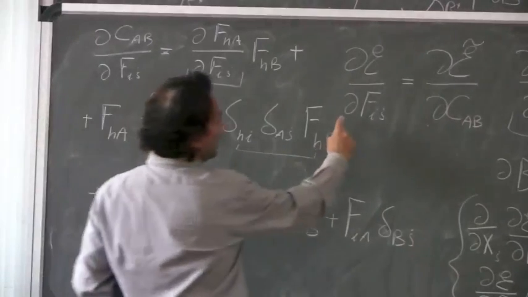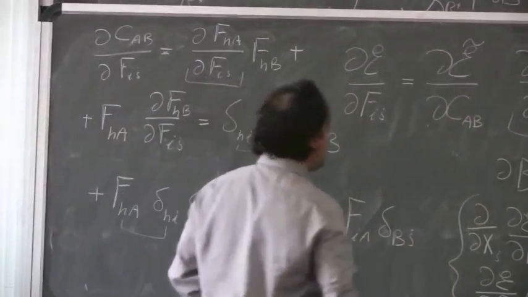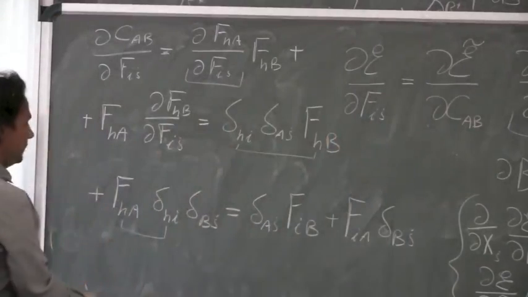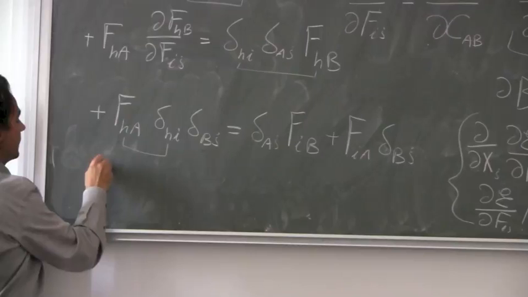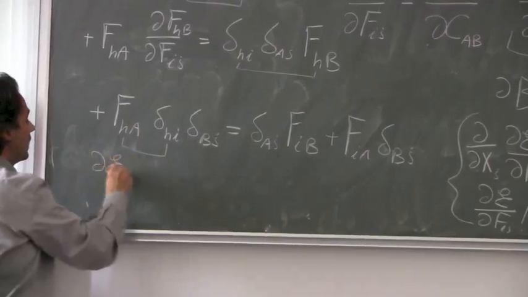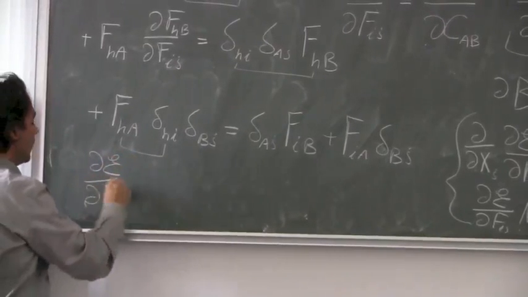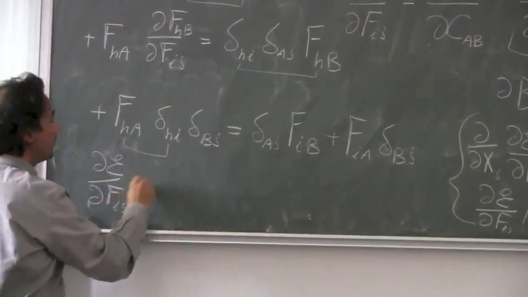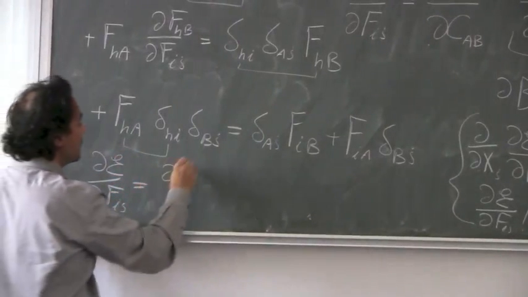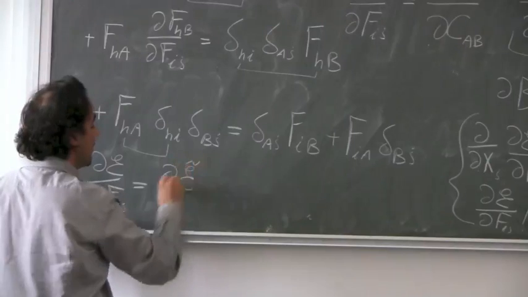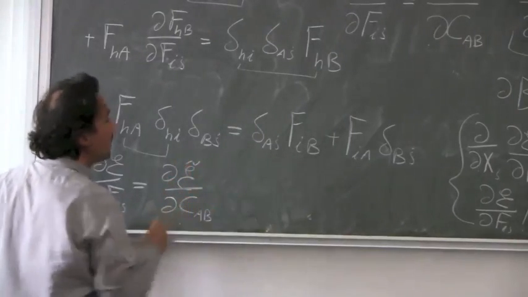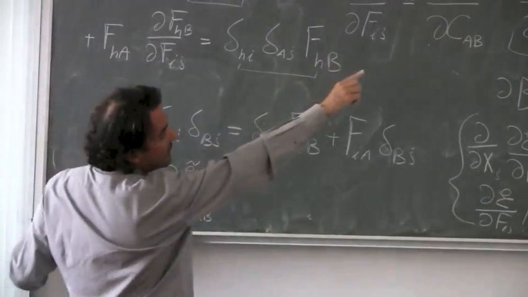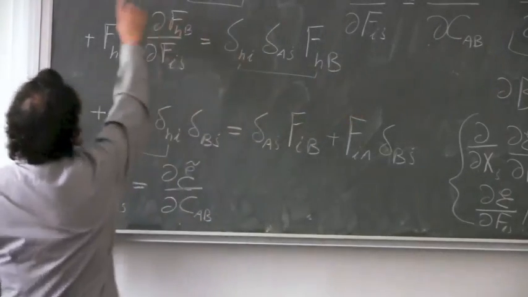So let us evaluate now this. So now we have the derivative of E with respect to F_ij equal to the derivative of E with respect to C_AB multiplied by the derivative of C_AB with respect to F_ij.